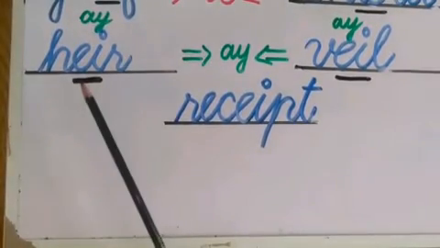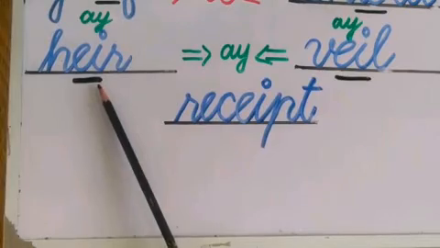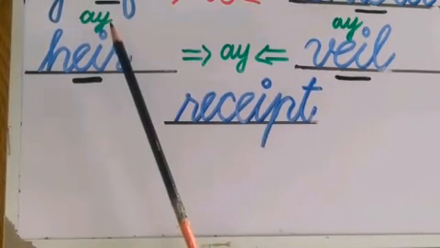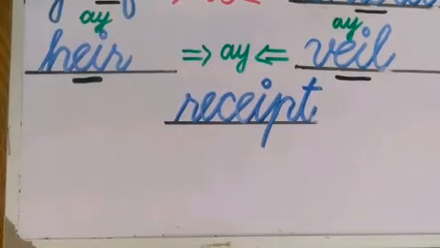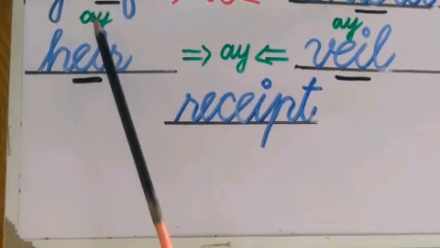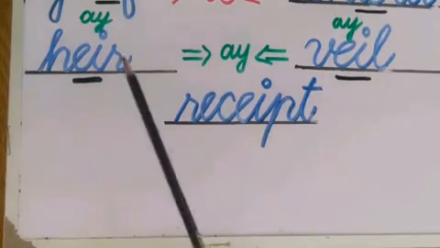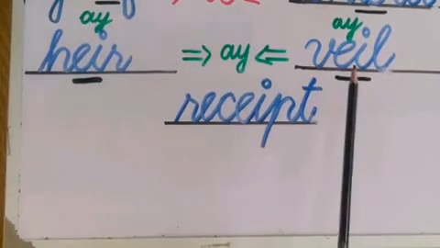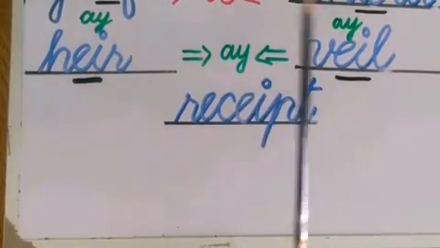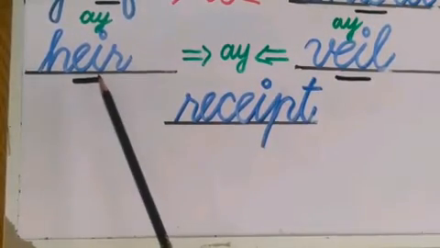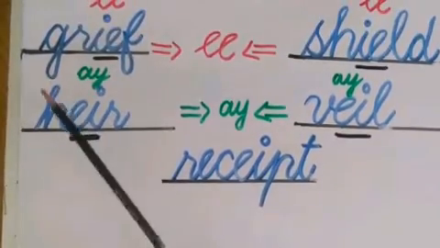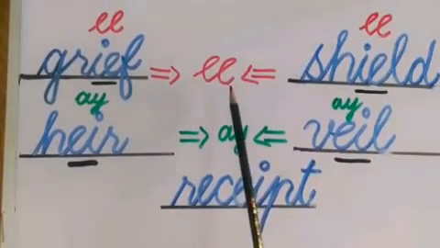Yes, here EI is common between these words and they sound like A. So we can say that whenever we have E before I, it says A. Heir, whale, the A sound is coming in both, so we can say that E before I says A and I before E says E.